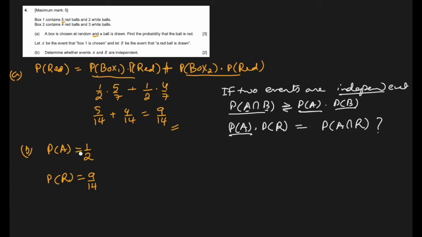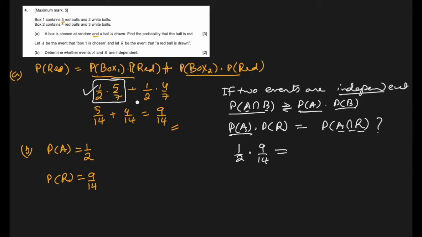So the probability of A we just found is half, multiplied by the probability of R, which is 9 over 14. Is it equal to the probability of A intersection R, when both of them are happening? Both of them are happening when box 1 is chosen and a red ball is drawn.